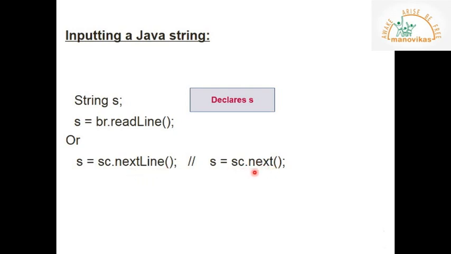The function next() will accept only one token, but nextLine() will accept the entire line of text as its input. If you have a single word, you can use the next() function. If it is a sentence, then you need to use nextLine().